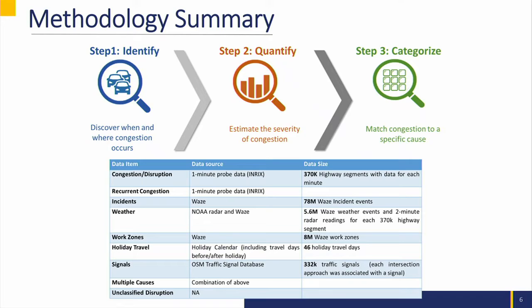And then once the bottleneck is formed, we start tracking the travel times and the queues and the speed drops in the queue to estimate what the overall delay is. And we scale that up by the volume that we have. So identify, I just talked about quantifying. We convert that to either vehicle hours of delay or user delay cost in dollars. And then the last step is to match that to a cause.